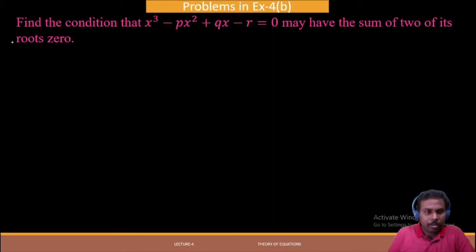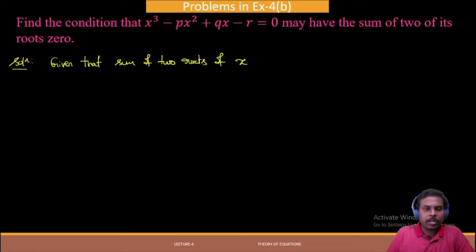Here is the solution. Given that sum of two roots of the equation x cube minus px square plus qx minus r is equal to 0 is 0.